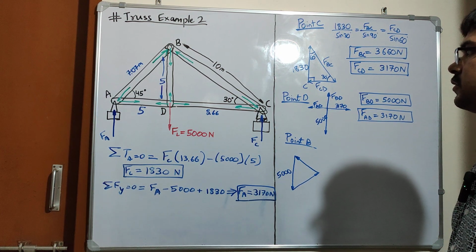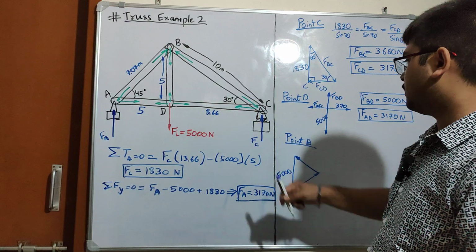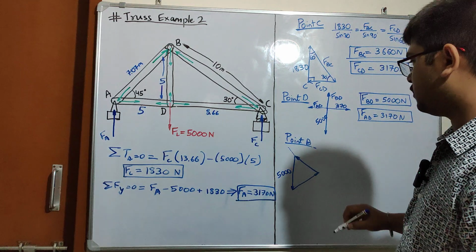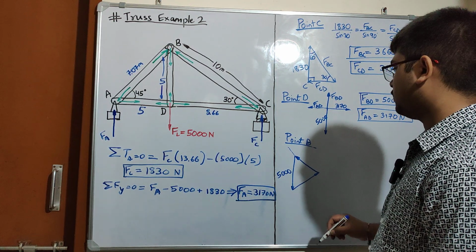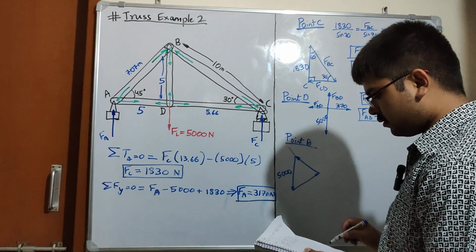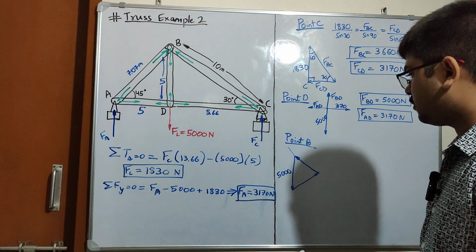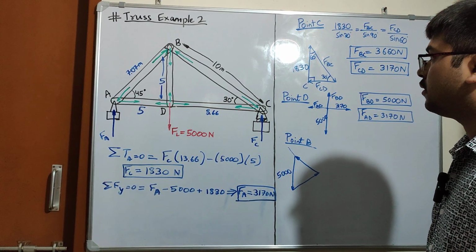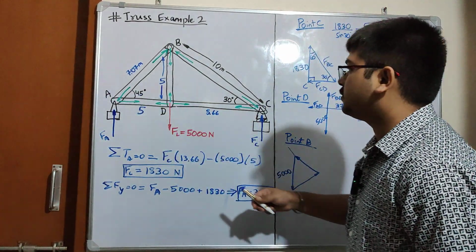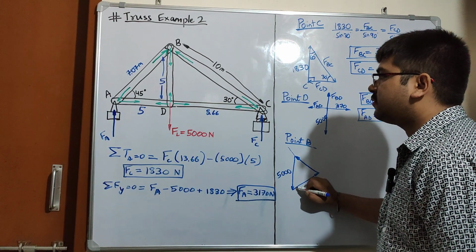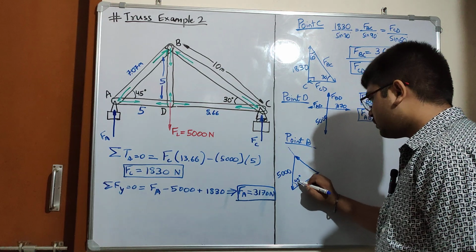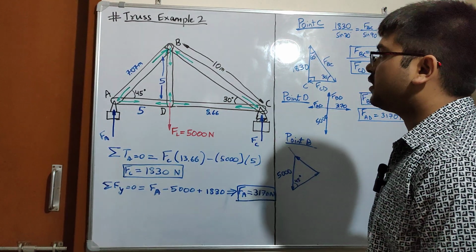Now the angles. So this is 30. This is going up, so this is 45. The angle this will make with the vertical will be 45 degrees. This is going in this direction.